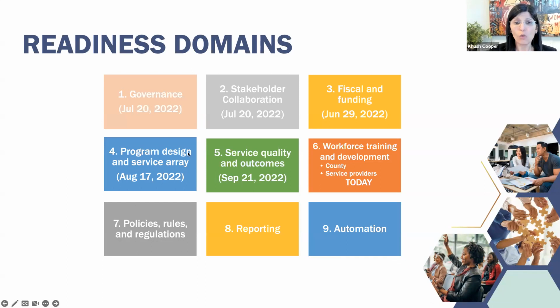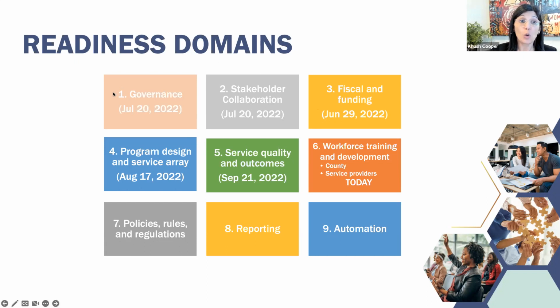So let me locate our conversation in the readiness domains that we've been sharing with you all along. We actually started with fiscal and funding, so folks could start to think through who they need to have at the table and what funding streams were going to be brought to bear, so they could gather their governance groups and collaborate with their stakeholders, right? So we did fiscal, then we went to governance and stakeholder collaboration.